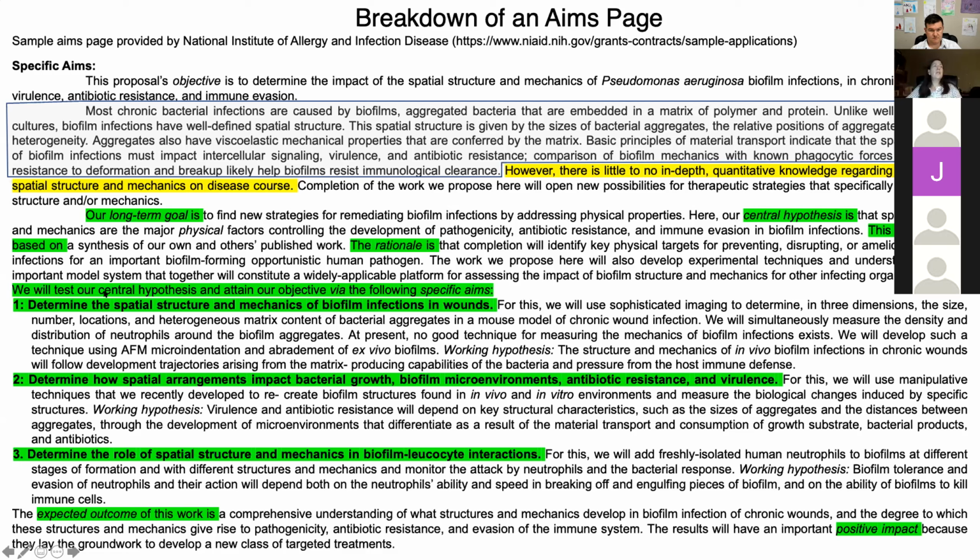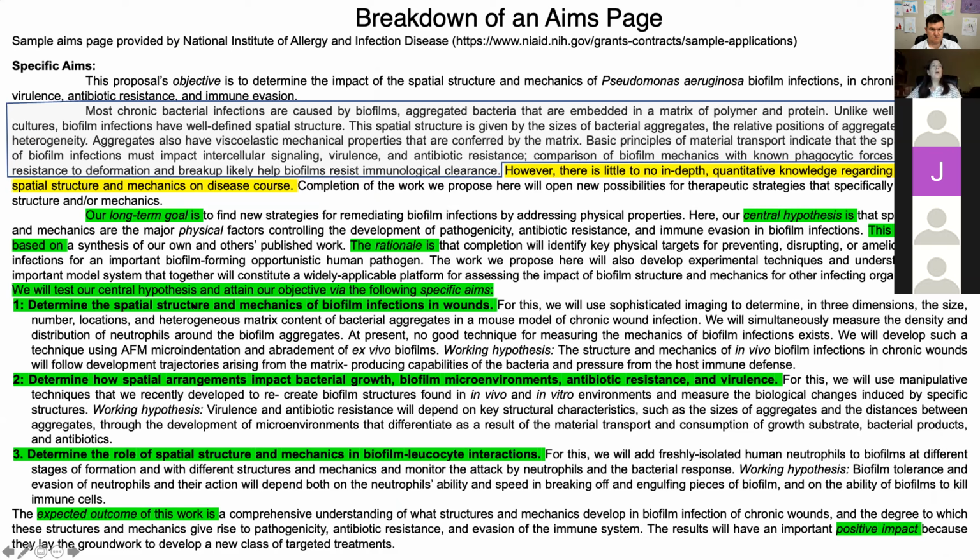So for example, here in her proposal, she wants to determine the spatial structure and mechanics of biofilm infection, determine the spatial arrangement of bacterial growth, and determine the role of that spatial structure in the interactions. So she's identified 3 bigger problems that will lead to the accomplishing of her long-term goal, which is to find new strategies for remediating biofilm infections.